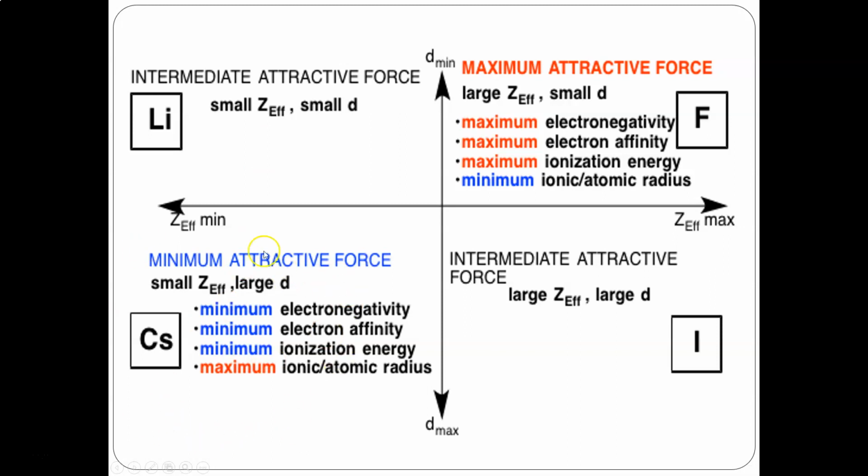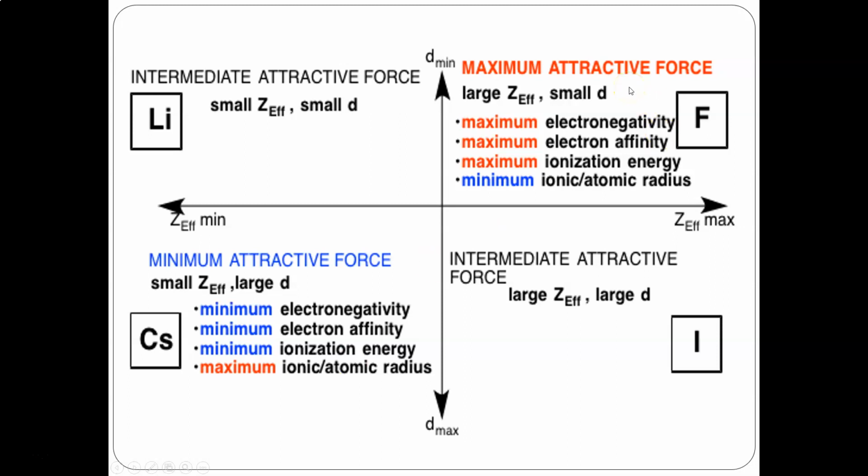Down towards the bottom left, towards cesium, you have a really small Zeff and you have a very big atom. So it's very weak forces there. You don't have much electronegativity or affinity. You have a very, very low ionization energy and you got a really big radius.